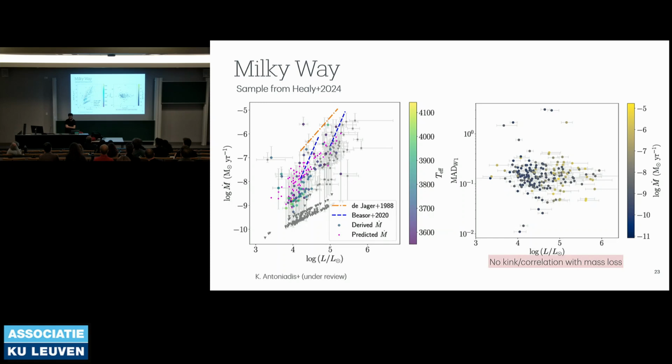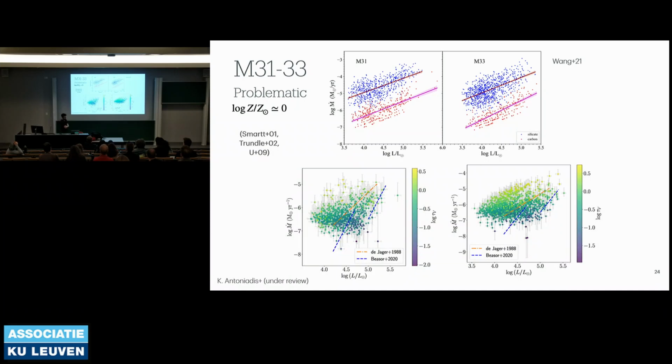But this may be because of the uncertainties of the galactic red supergiants: there are uncertainties in the distance estimations, meaning we have uncertainties in the luminosity that we derive, and also, depending on the position they are located in the galaxy, there are uncertainties in the interstellar extinction that we need to account for.